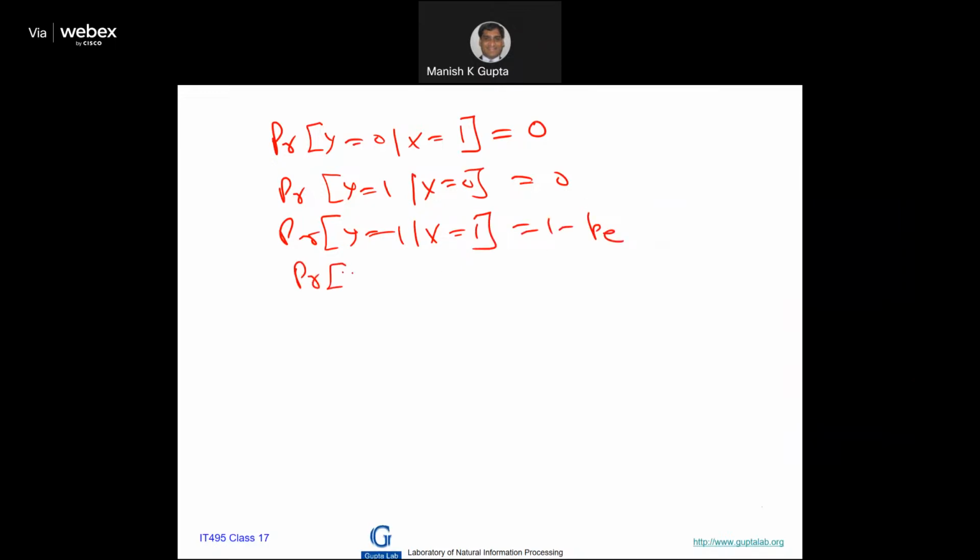The probability of Y being erased when 0 is sent is PE, and when 1 is sent, the probability of erasure is also PE.